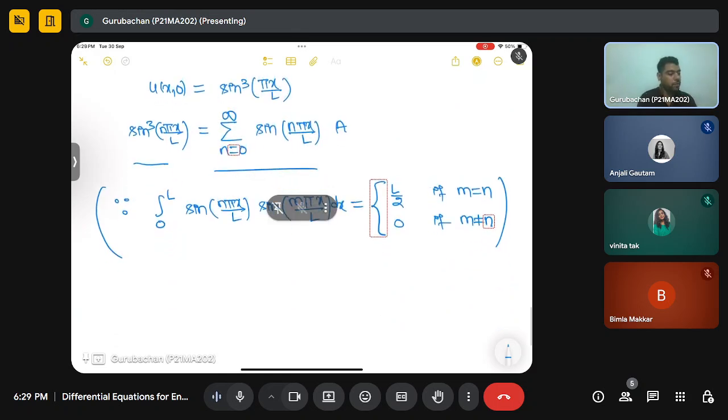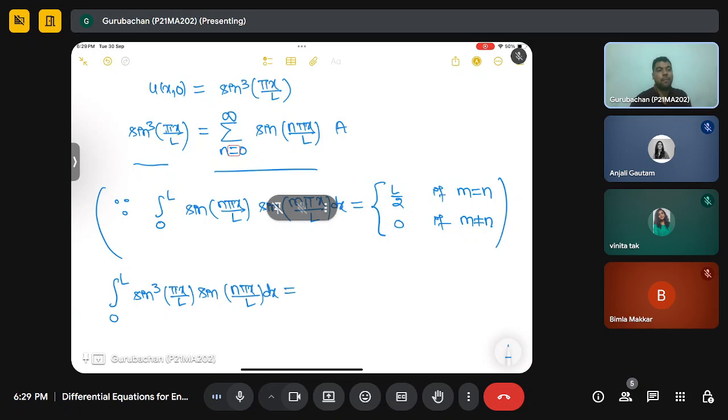So from here, if you do this, this will give you the integral from 0 to L of sine cube pi x by L times sine n pi x by L dx, and I am directly writing the case when m equal to n.